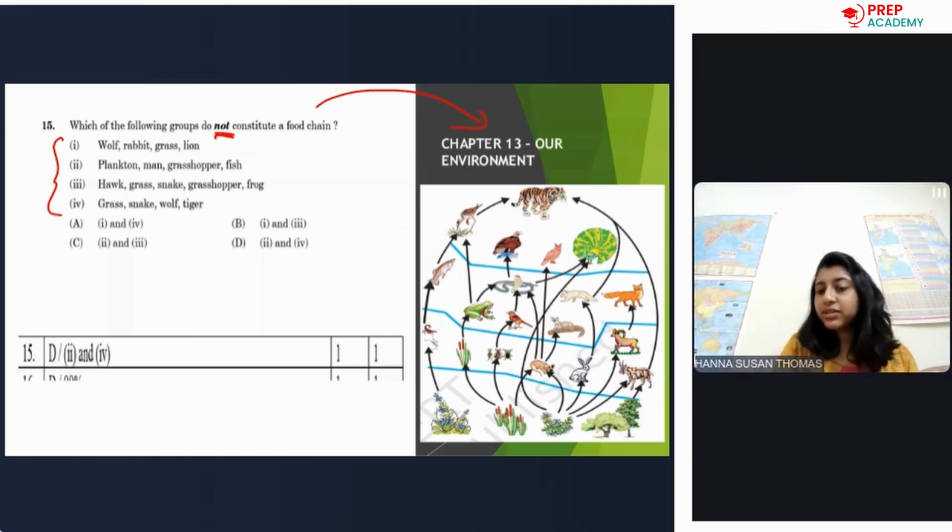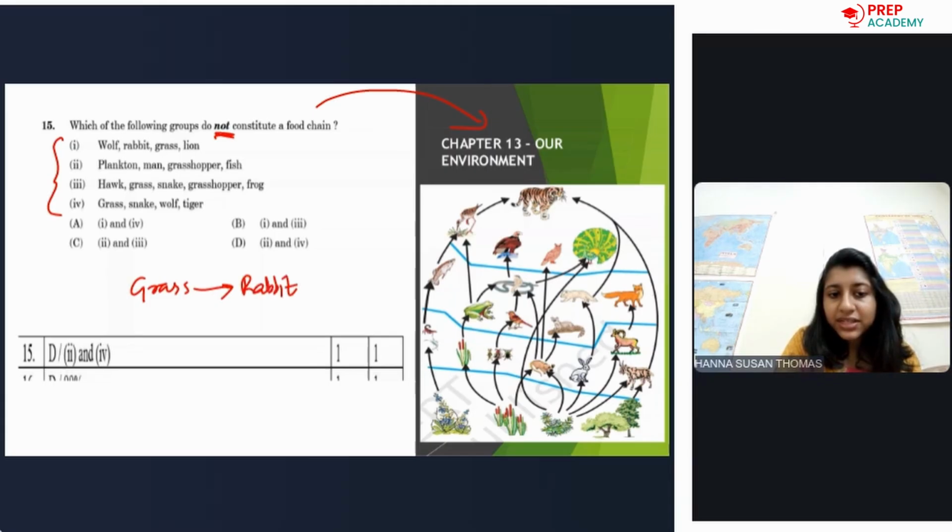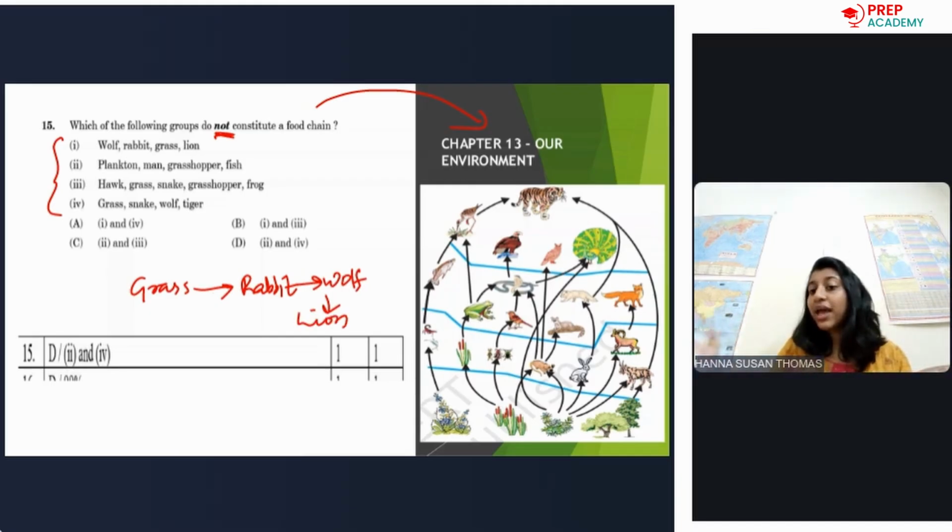So when you look into the first option, grass is eaten by rabbit. Rabbit is eaten by wolf. Wolf is eaten by lion, because lion and tiger, they are all apex consumers. They are the top, right? Apex consumers.